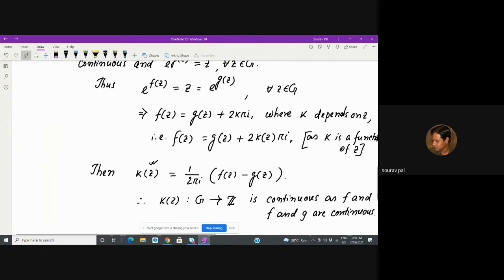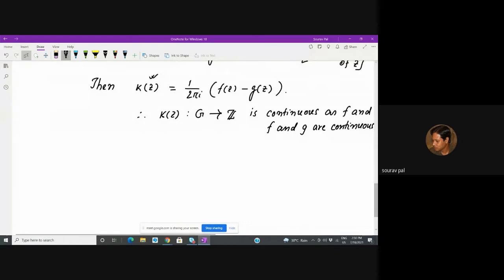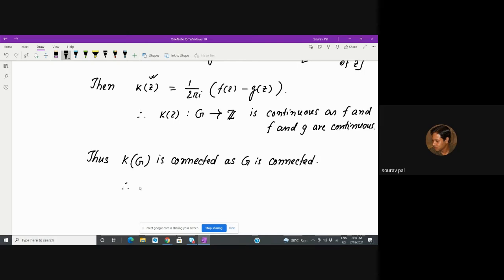So k(G) is connected as G is connected. Therefore, k(G) is a singleton set.